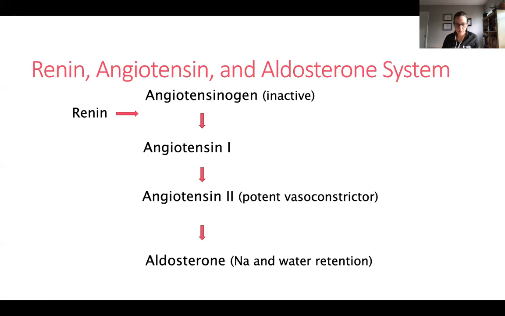So an example of what would activate this is, let's say over here, the blood pressure drops, or there's a decrease in blood volume.